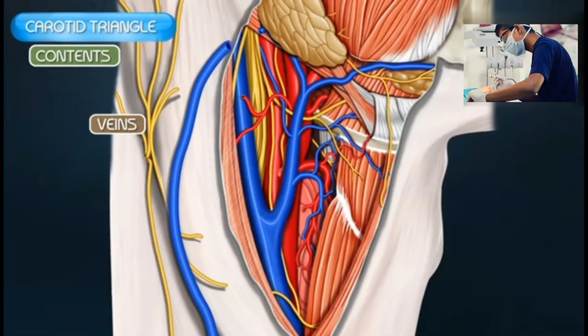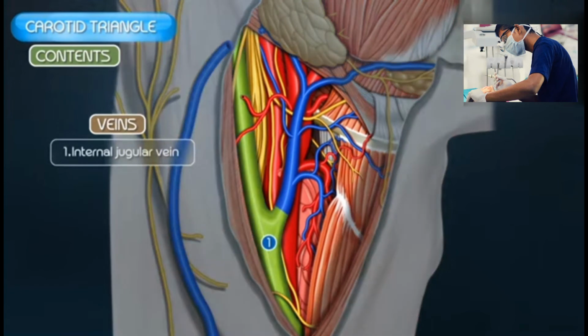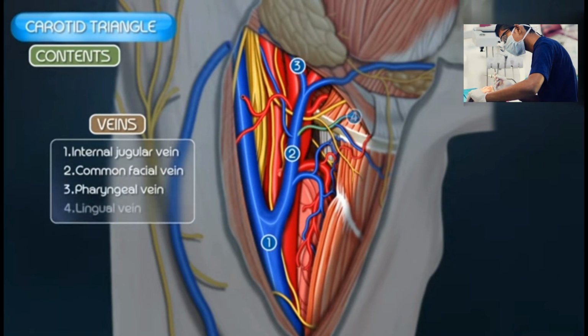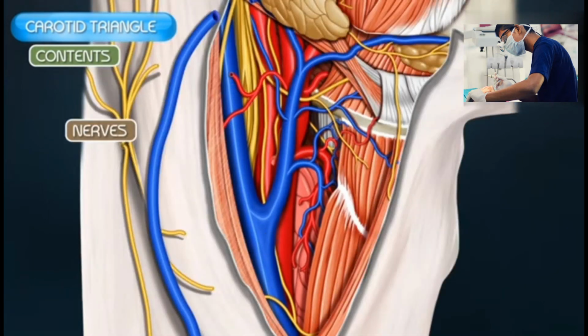They are the internal jugular vein and the common facial vein that drains into the internal jugular vein, and the lingual vein which also terminates into the internal jugular vein. These are the most common veins that you can see in the carotid triangle. Let's see what nerves are present in this triangle.